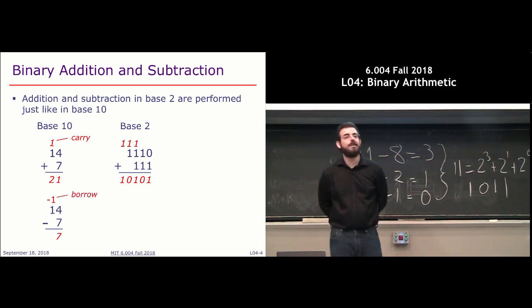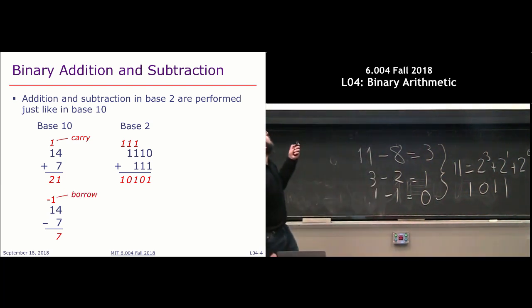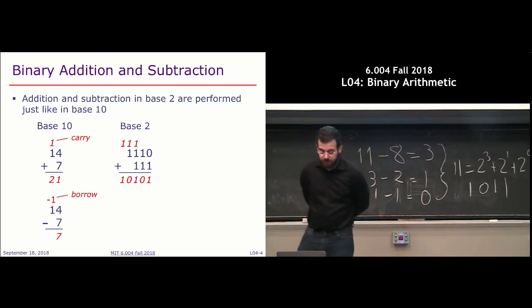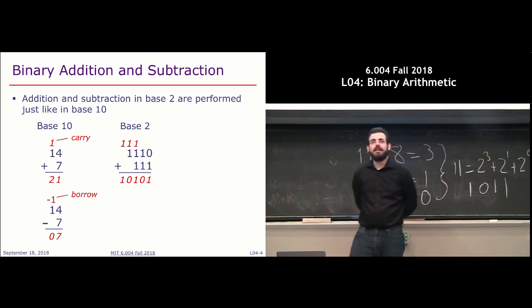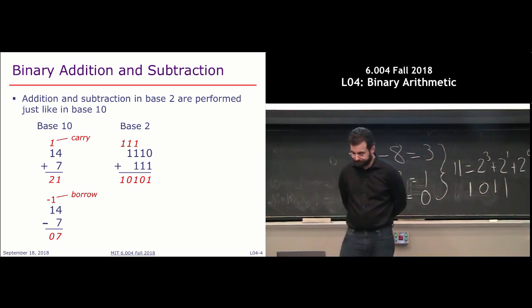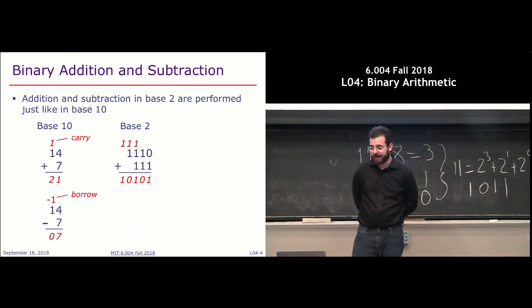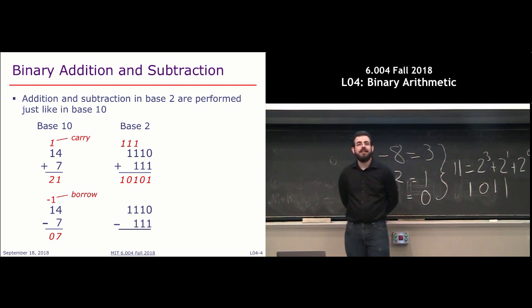So this is the same way that this is called a carry. This is called a borrow, right? And then 1 minus 1 is 0. So we get what we expect. Binary, same thing. 0 minus 1, we don't know. Right? So 10 minus 1, 1, and we borrow 1.